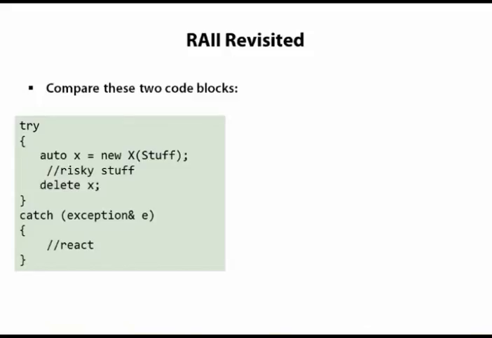In this circumstance, if there's an exception thrown by the code in risky stuff, the flow of control will go to the catch block, and we will not execute the line that deletes X. This would be a memory leak. You could put delete X in the catch.